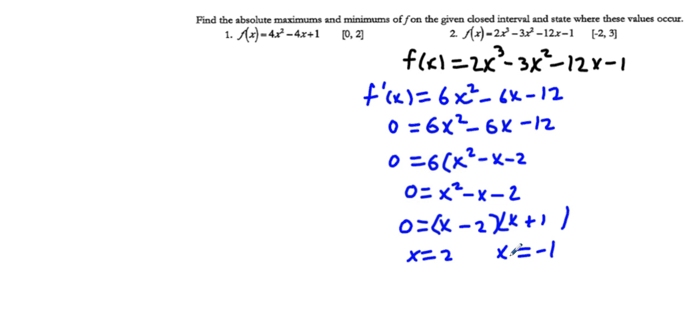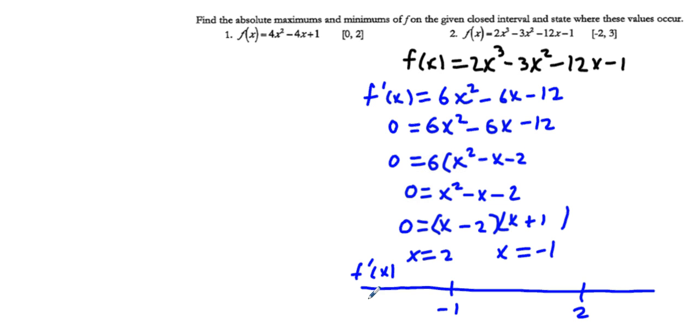Those are our critical points. Now we find out if the function changes at these points, -1 and 2. So we have f prime of x on top and f of x on the bottom.